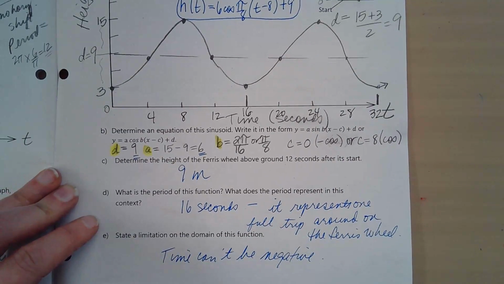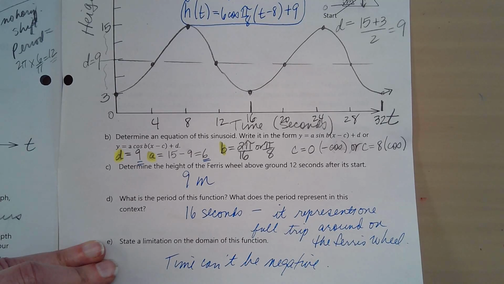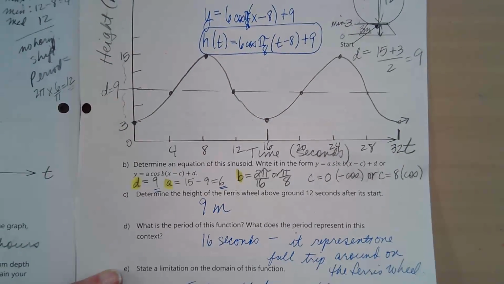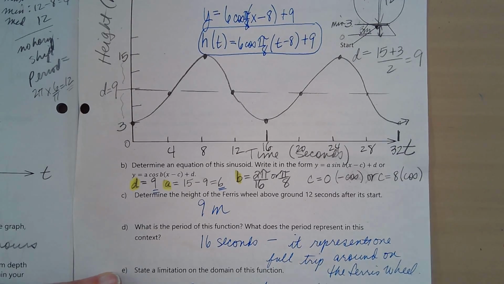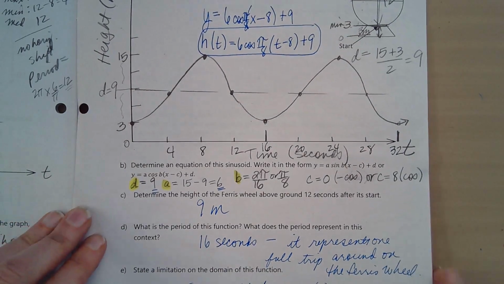What if they said, what's a limitation on the range? What's the range in the situation? Yeah, it's between 3 and 15. Like the person on the Ferris wheel will never drop below 3 meters or rise higher than 15, right?